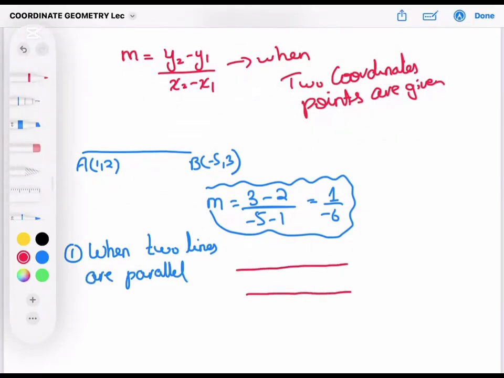For example, these two lines are parallel, and we have to find out the slope. So remember that when the lines are parallel, the slope will always be equal. M1 means the slope of first line and M2 means the slope of second line. So when the two lines are parallel, their slope is always equal, or we can say gradient is always equal.